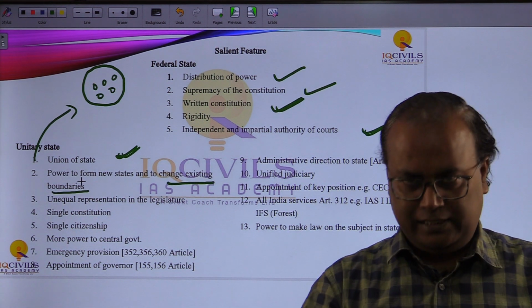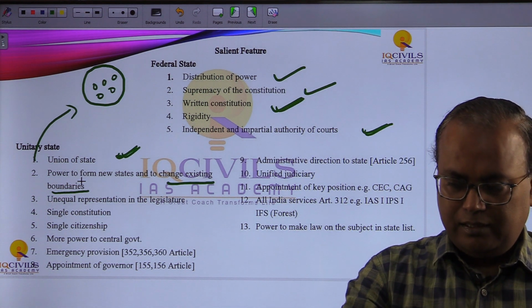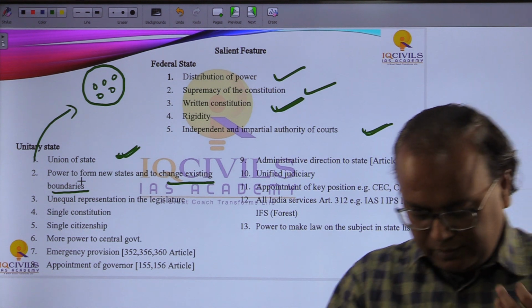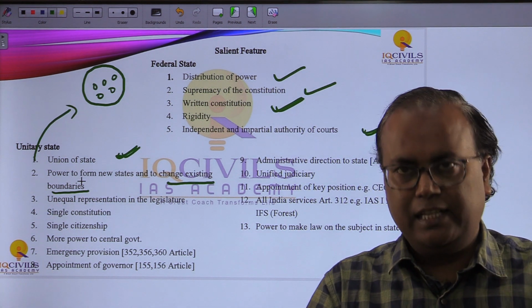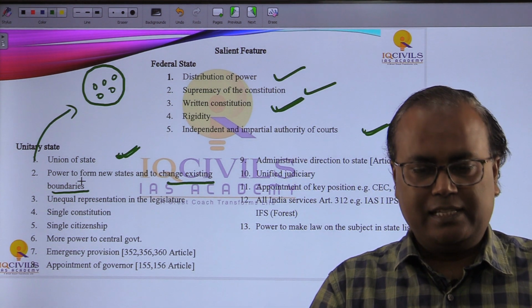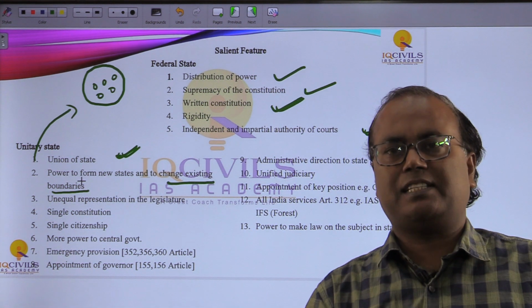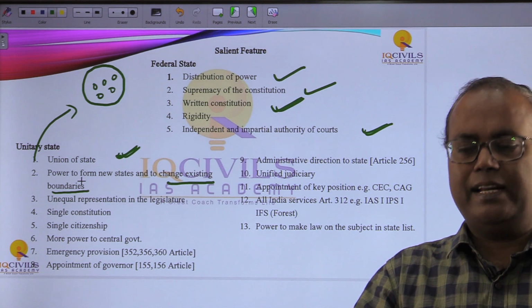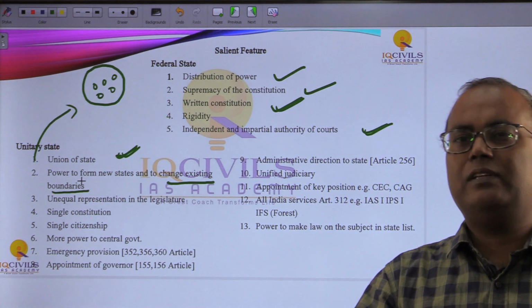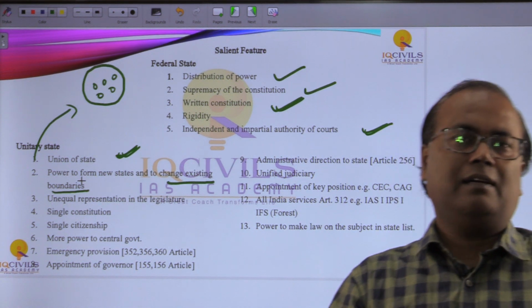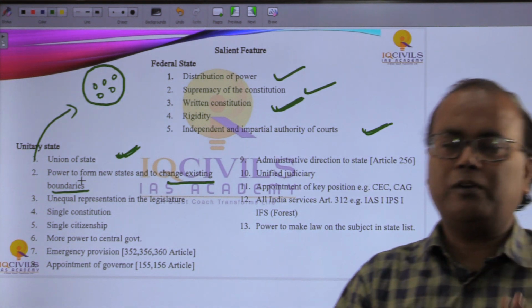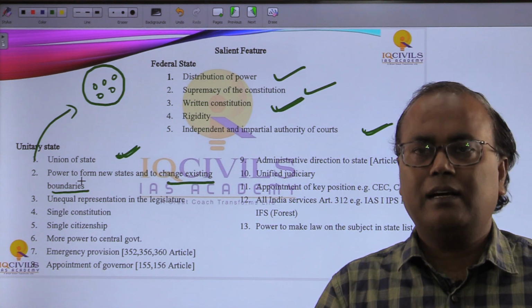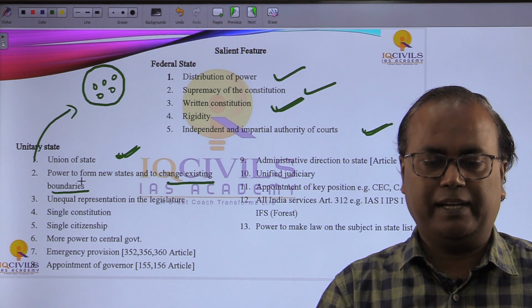Under Article 3, Parliament can change, increase, decrease, and side by side change the name of the state. Parliament has an almost exclusive right. Although the state has some say, Parliament is not bound by the advice given by the state legislature in this case, by the way.